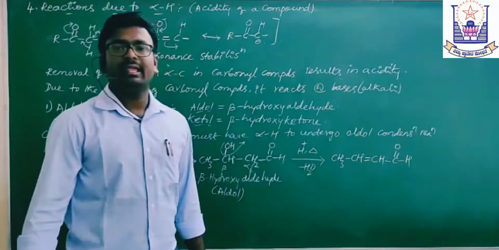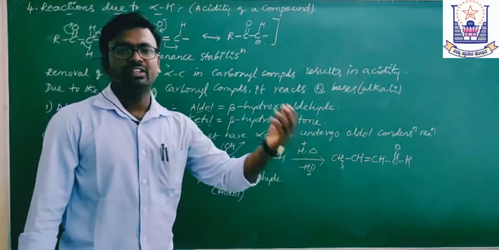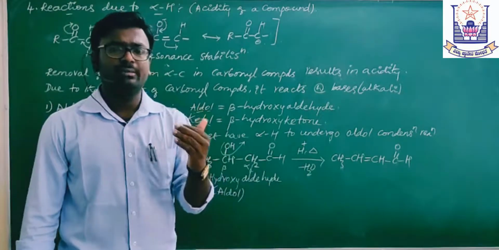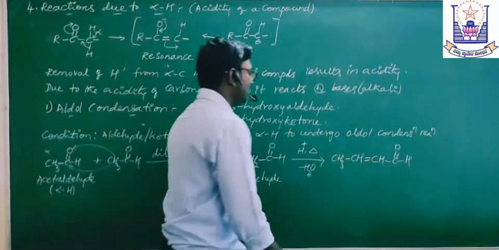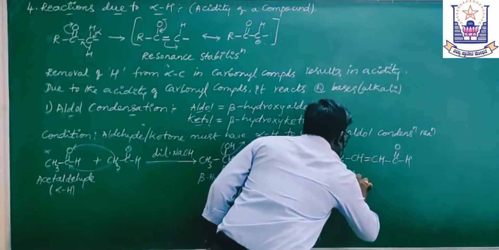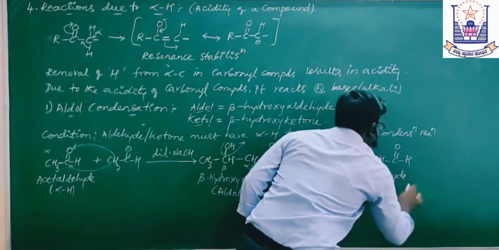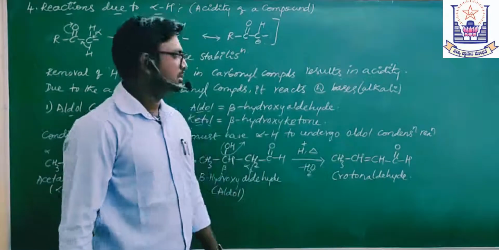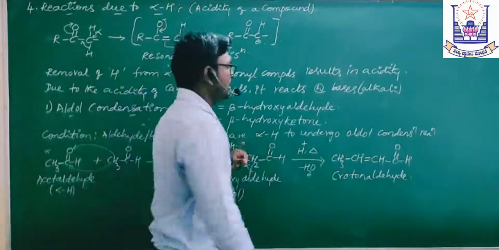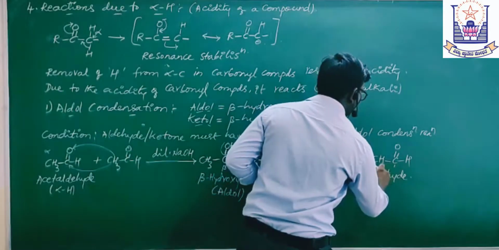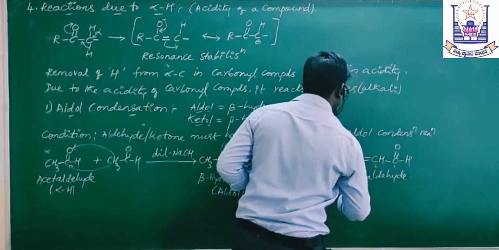This is called crotonaldehyde. The common name is very important. Keep in mind that this is called crotonaldehyde. That is the common name. And what is the IUPAC name? This is carbon 1, 2, 3, 4.